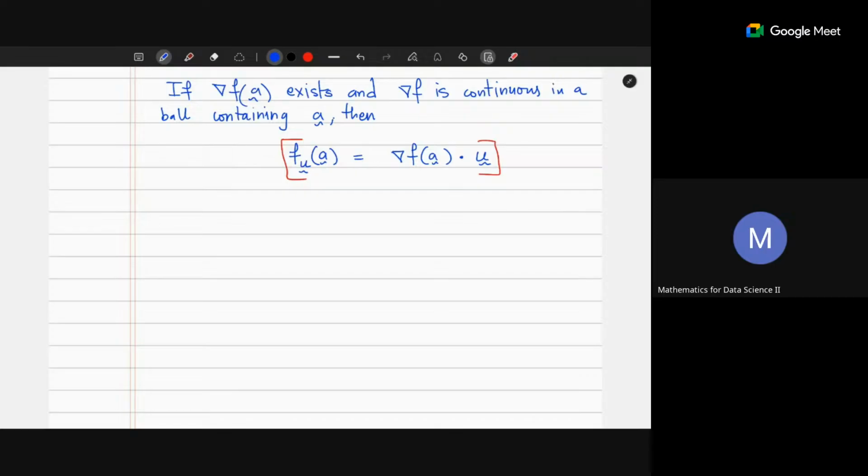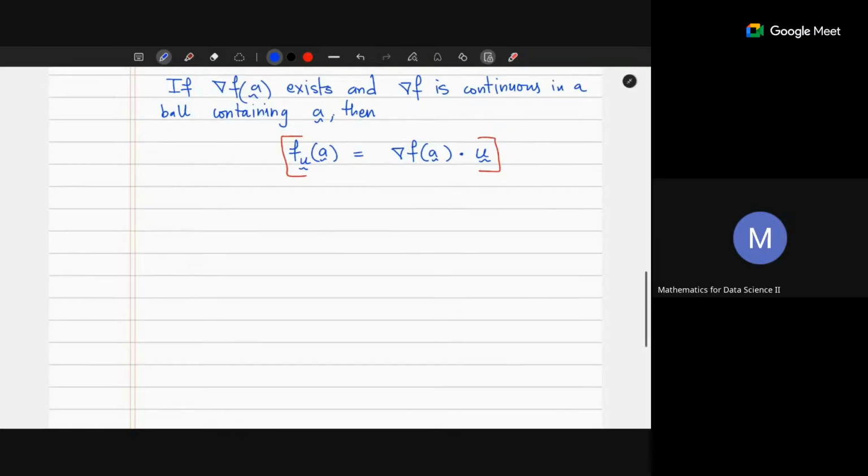Now we want to find out in which direction we have the steepest descent or ascent. What does it mean to find the direction of steepest ascent or descent?